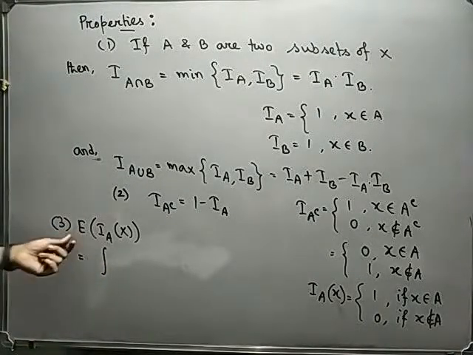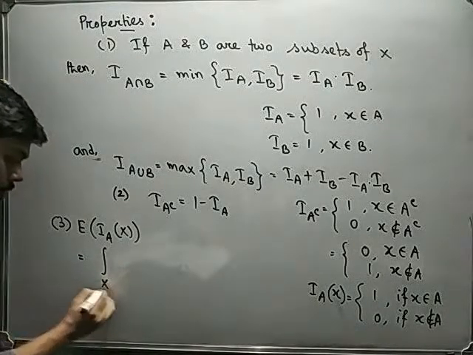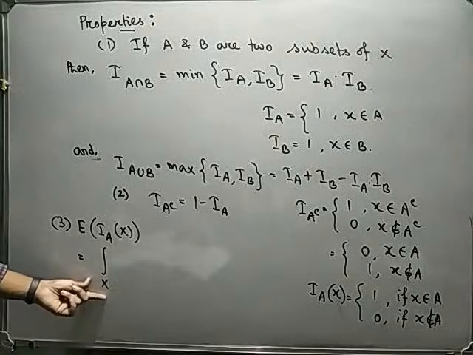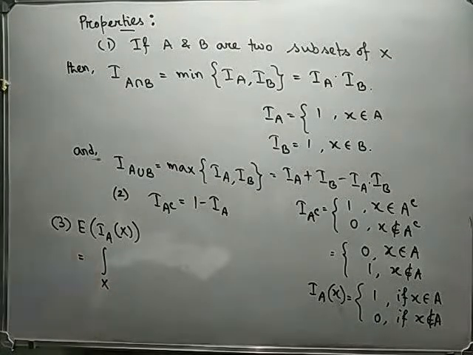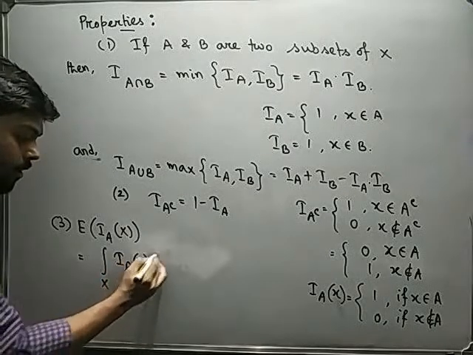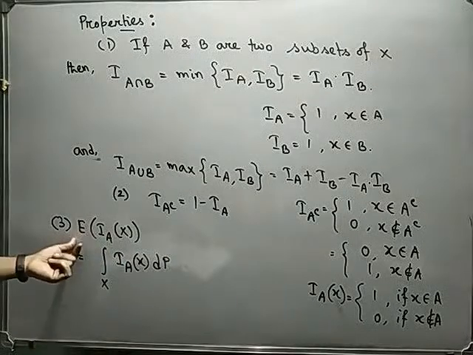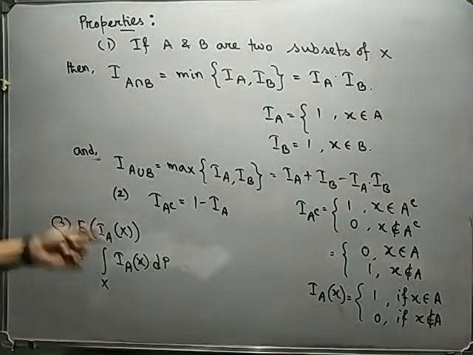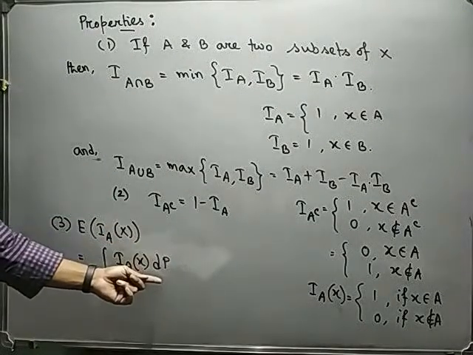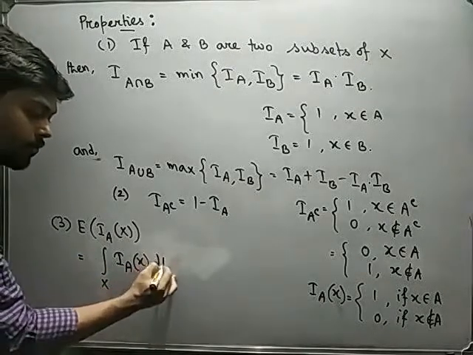We all know that expectation means integration over the range of capital X, IA of X and dP. Expectation of any quantity is that value into its corresponding PDF. Or you can say this is d of F.